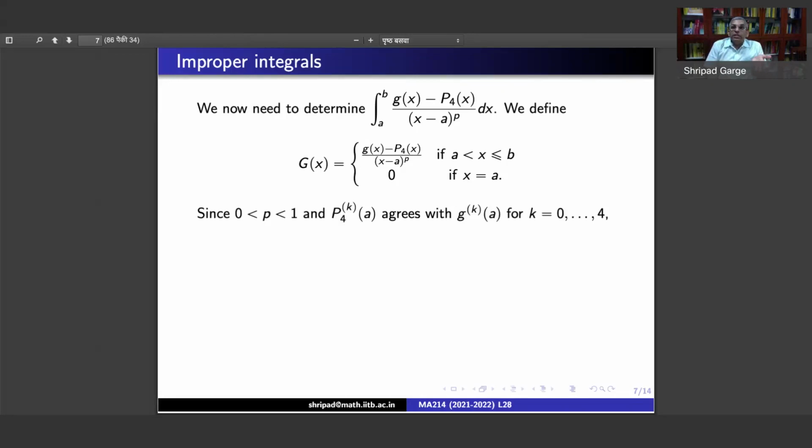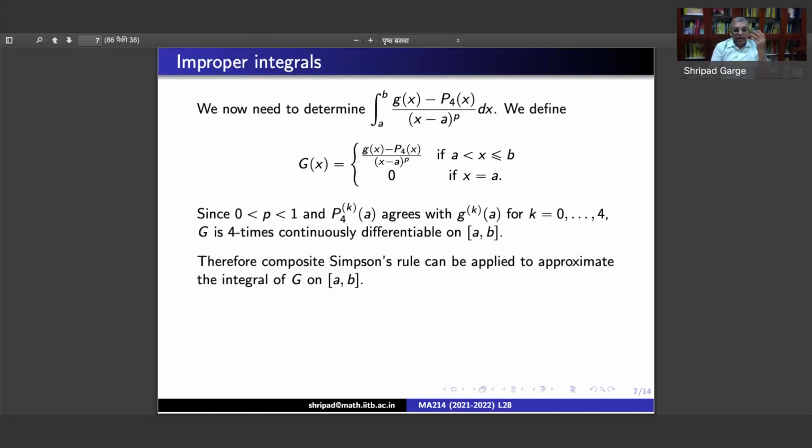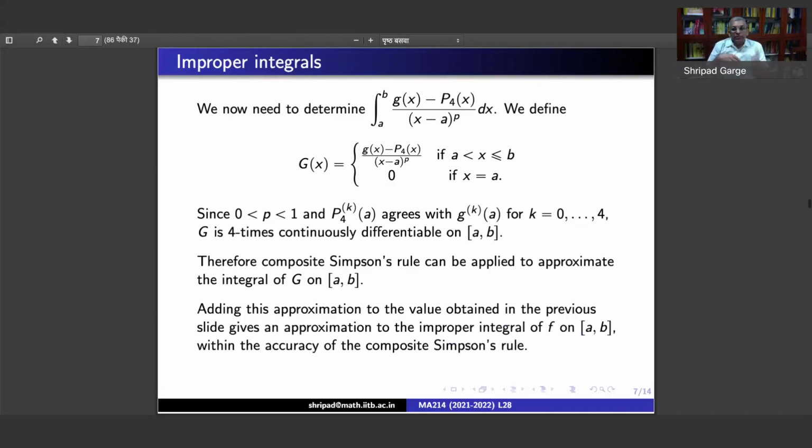We have that 0 is less than p less than 1, and the kth derivative of P4 at a agrees with the kth derivative of g at a for k going from 0 to 4. So what we have is that G is actually 4 times continuously differentiable. So you can use Simpson's method, and you can easily compute the integration for this particular thing.